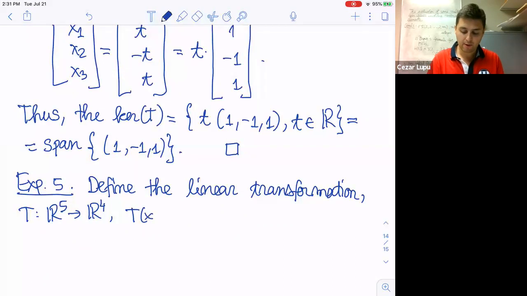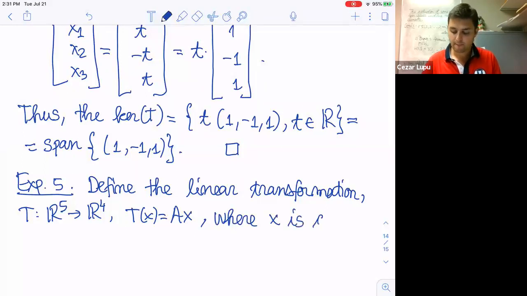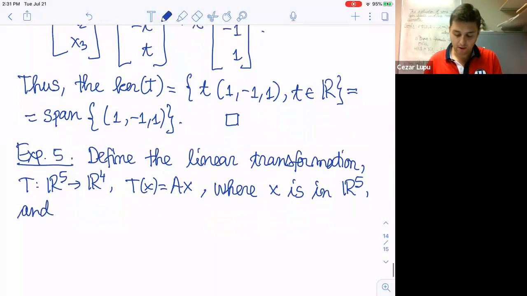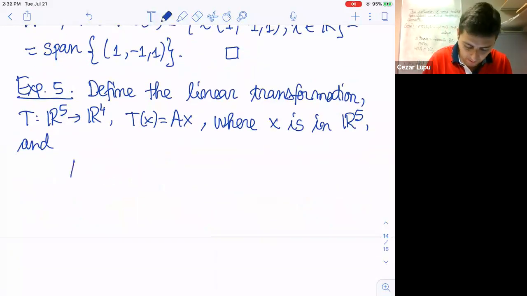T of x is Ax, where x is a vector in R5, okay? And the matrix A is given by the following. Let me see if I have enough room here. Okay, probably I will.